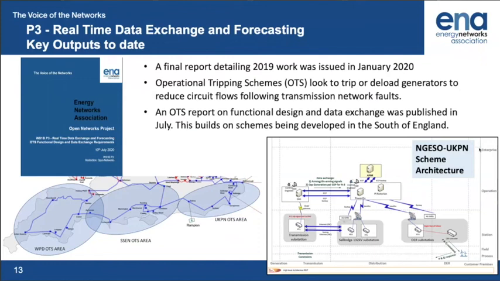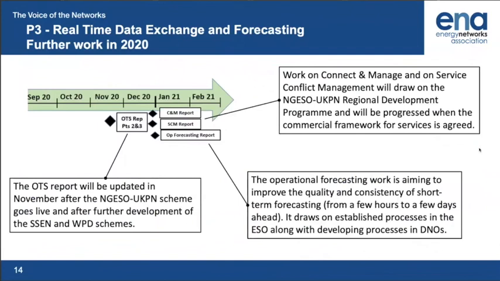So these three schemes are being developed and put in place. Across them, there should be about 1,500 to 1,800 megawatts of DER, which will be available. So if we go to the next slide on this. Apologies, we're running over a few minutes.